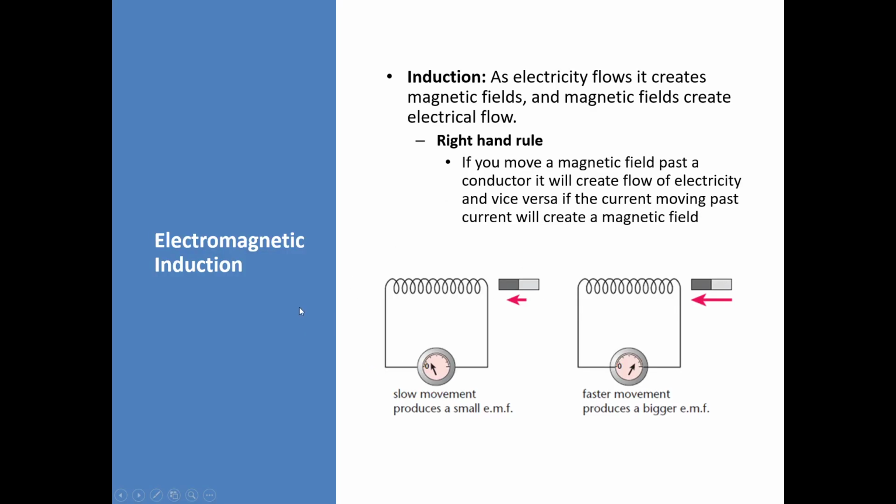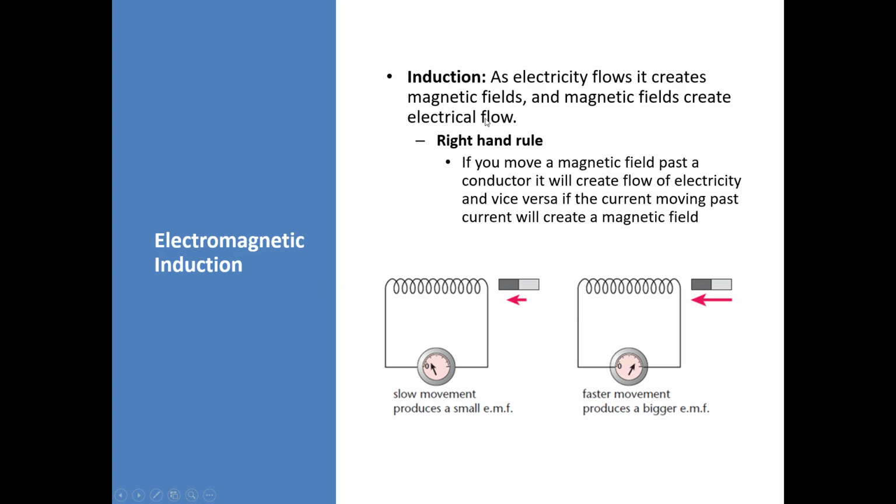The last concept we'll talk about here is electromagnetic induction. I understand these are very foreign concepts, and it's probably frustrating to try and learn them in this way, but it's really just about understanding the rules and the definitions. That's all you really need to know.